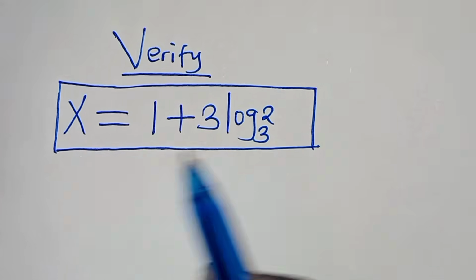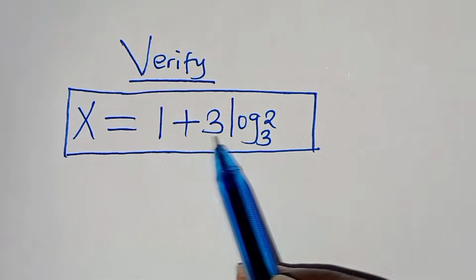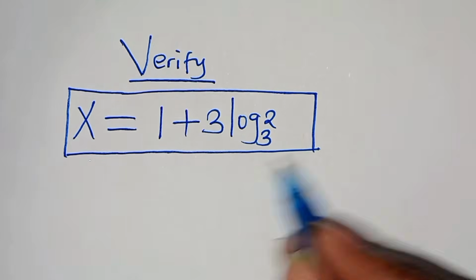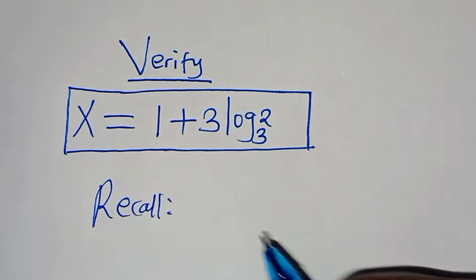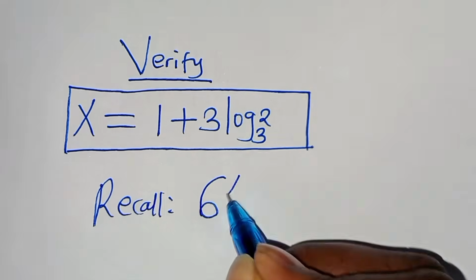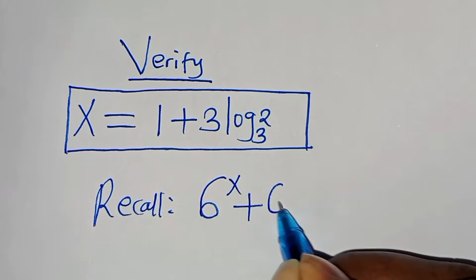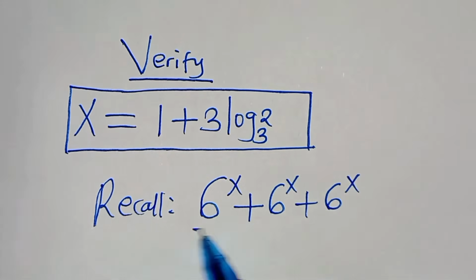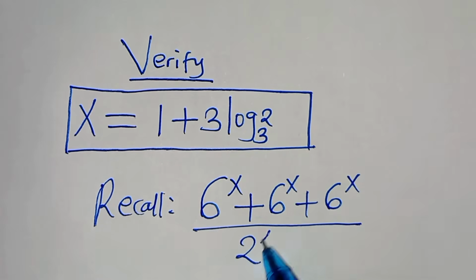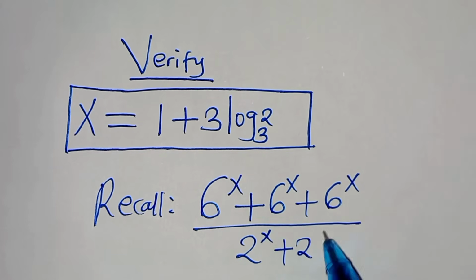Now let's verify that this value of x, which is 1 plus 3 log 2 to base 3, satisfies the equation. If you recall, we ended at 6 to the power of x plus 6 to the power of x plus 6 to the power of x divided by 2 to the power of x plus 2 to the power of x.